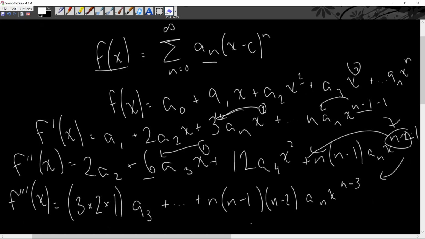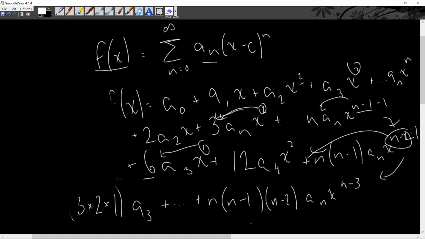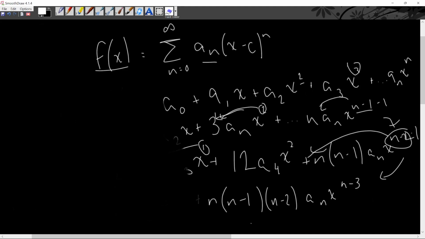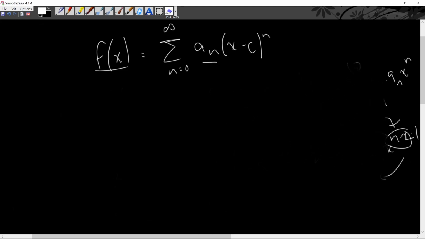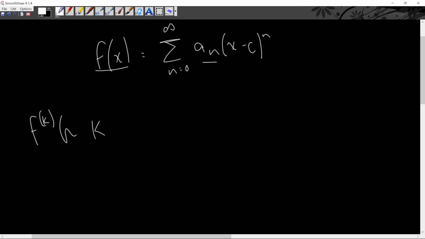So look at that for a second, sit down, digest it, and let's talk about the kth derivative, as they want to save the nth derivative for the actual proof, like saying, hey, we did it, now we can say nth derivative. But so they're saying for any value k, the kth derivative of f of x is equal to k factorial times a sub k, right?